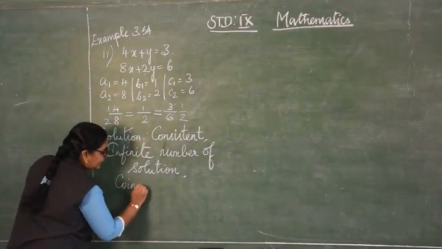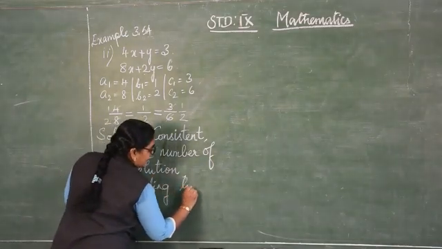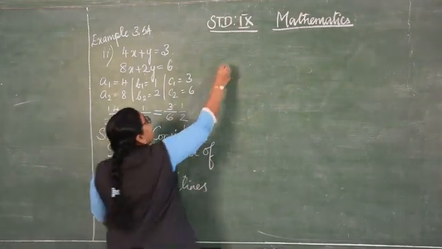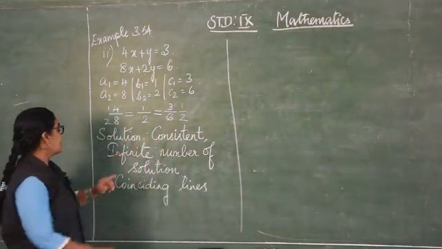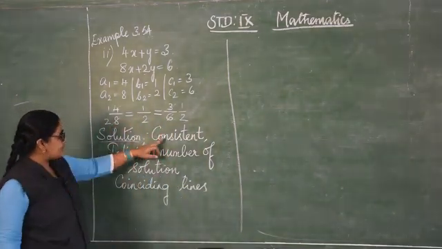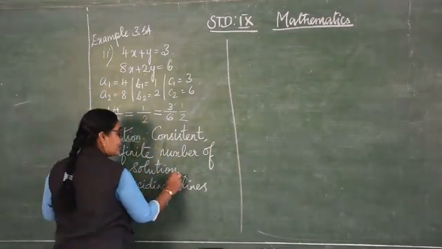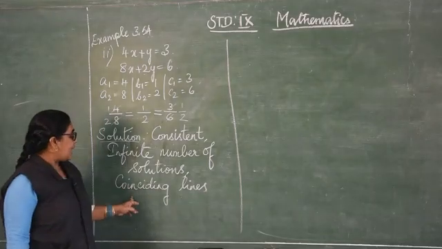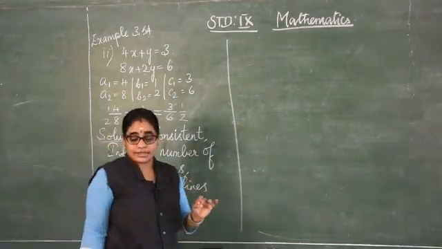One above the other you will be getting coinciding lines. Like this if you write, you will be getting all the answers. The type of solution is consistent and you will be having infinite number of solutions and the lines are coinciding lines. This is your second subdivision.